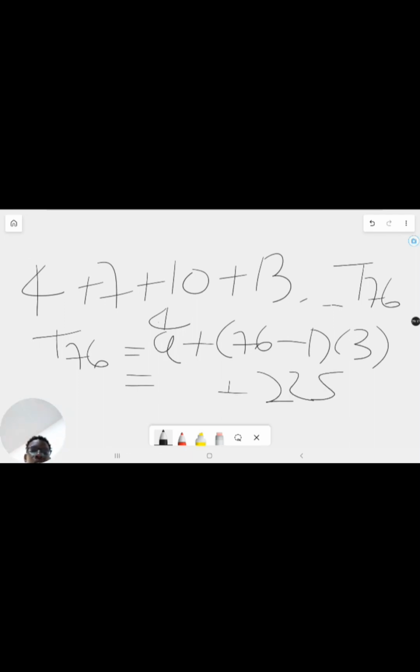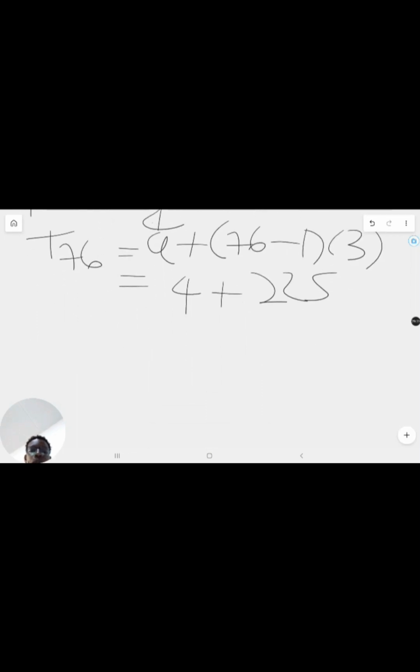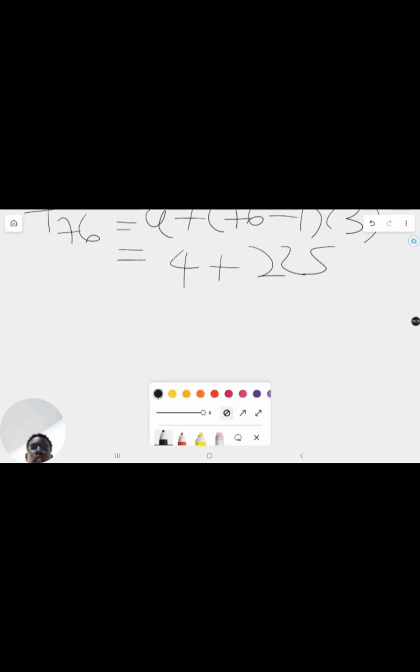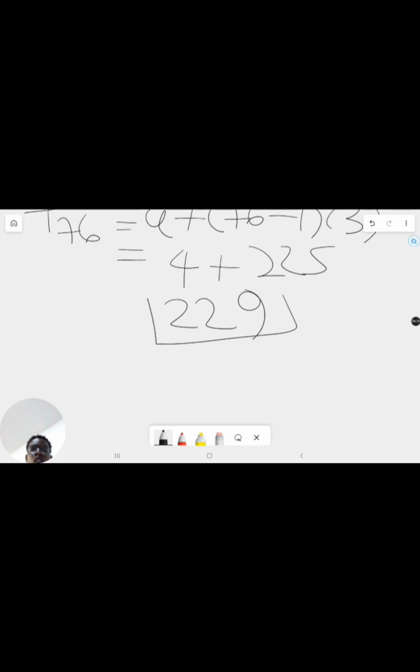Then 225 plus 4 is 229. Okay, so term number 76 is 229.